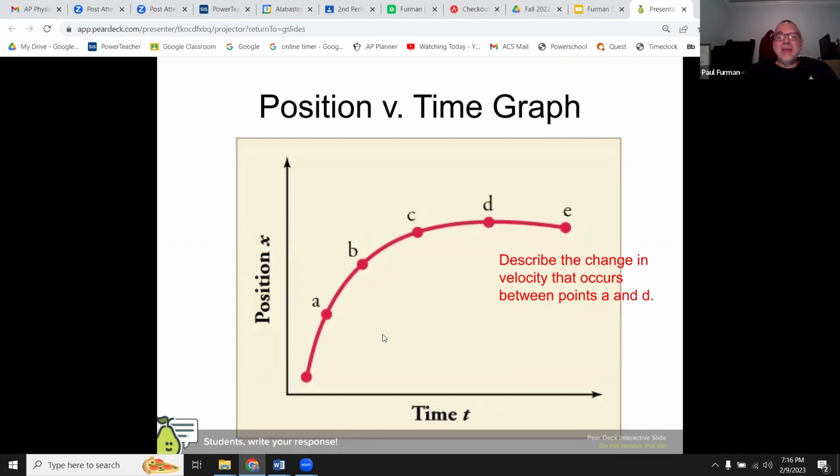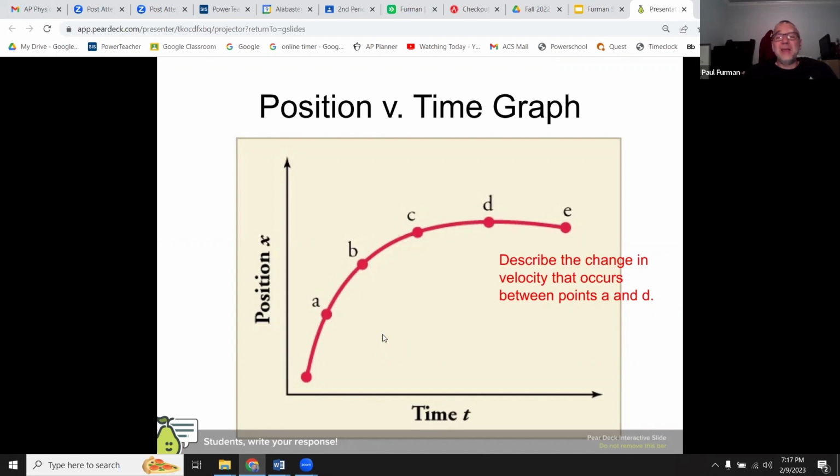Between points A and D, notice that from A to D, if you draw a tangent line at each of those points, it's a positive slope. But you get up to point D and the slope at point D is 0. So if I have a positive slope, I have a positive velocity, but the slope is approaching 0, that means the velocity is approaching 0.